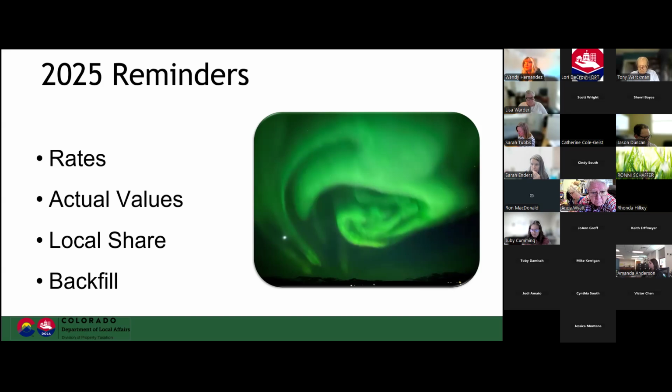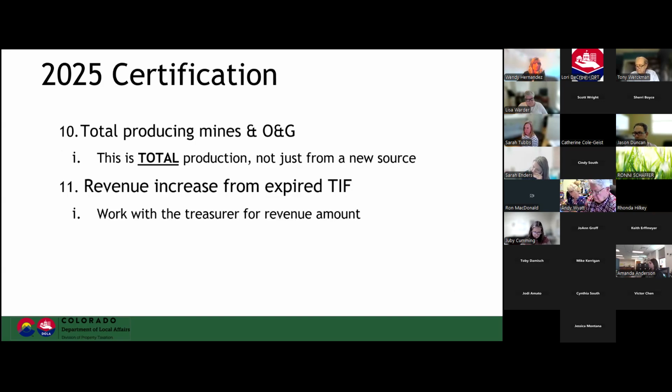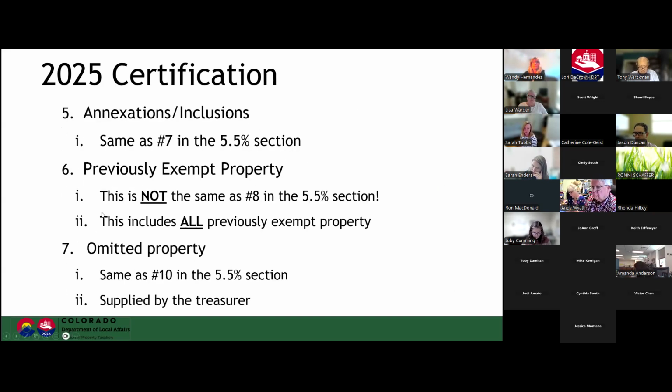Hey, Wendy, this is Scott, Will County. Just a quick question on number 5, the annexation inclusions. On your instructions, AE, you'd list the increased valuation. So that sounds like a different value than what we currently report on page 1. We track that additional value, right?